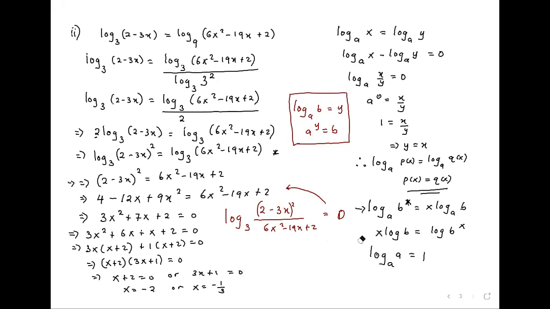That is 2 minus 3x, it's squared. Since that equation is squared, you don't solve it like that. This is the equation.